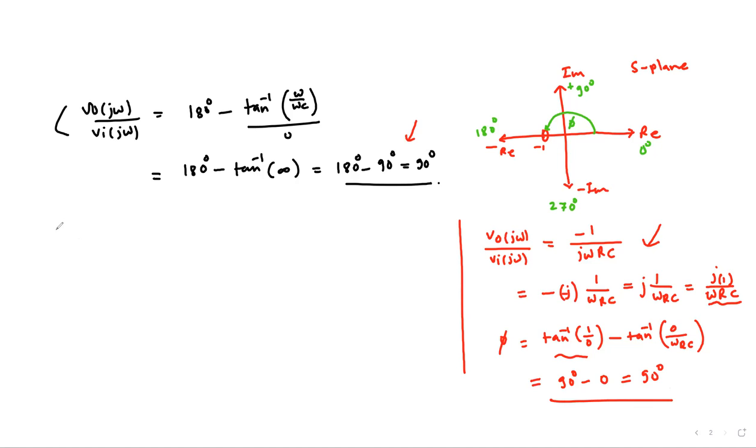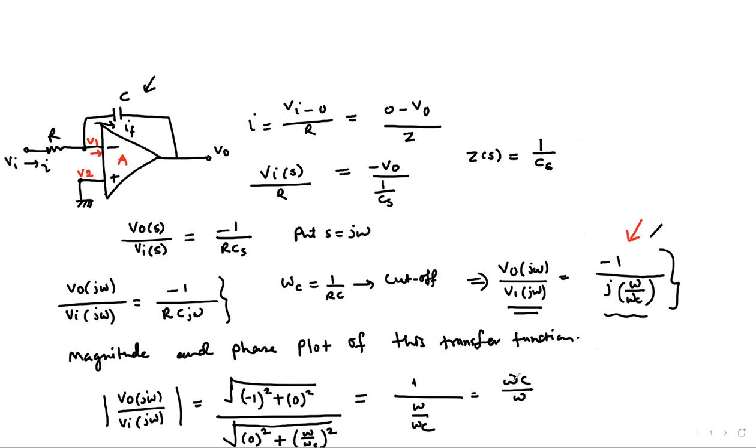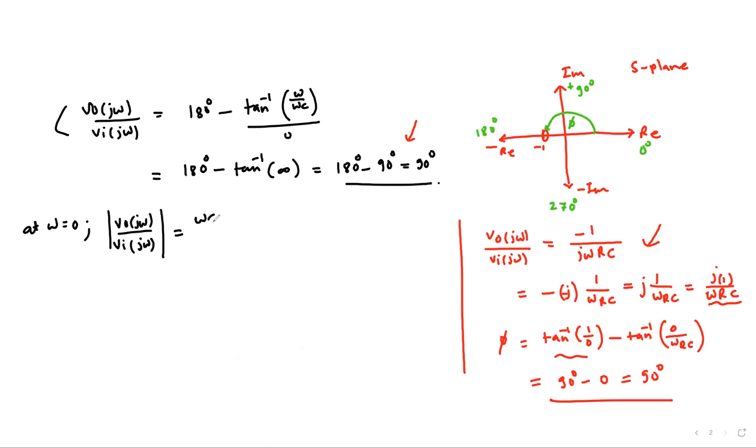we try to obtain the plot. So first, at the condition omega is equal to 0, we have to get the expression for the magnitude and the phase. The magnitude is omega c over omega, which is now going to be infinite.